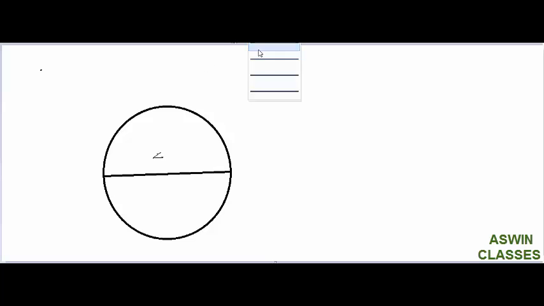So this length is equal to 40 centimeter. Let this be the center, and the chord, suppose you got a chord like this. Here is your chord. This length of the chord is equal to 20 centimeter, given.